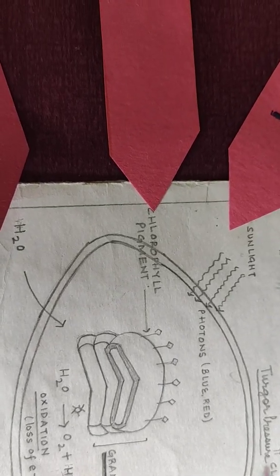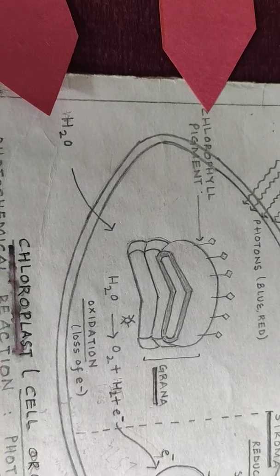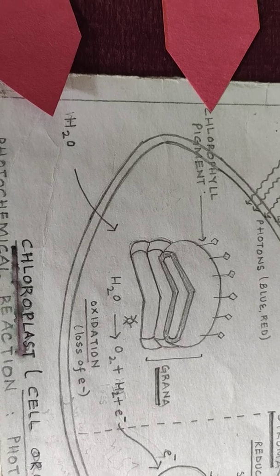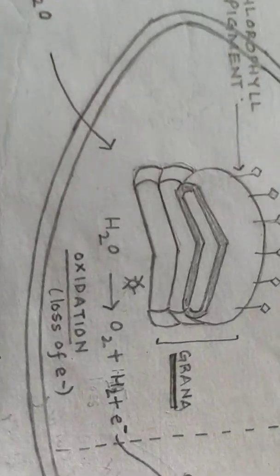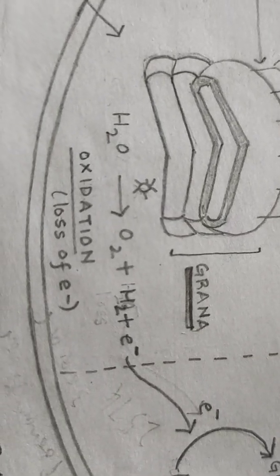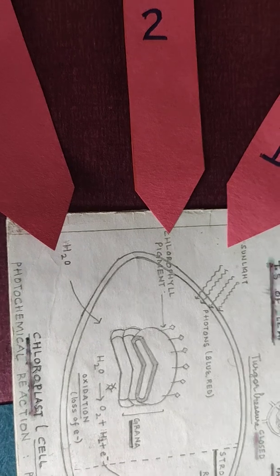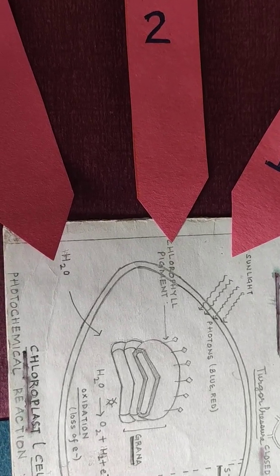The electrons given by the chlorophyll pigment to the water help in breaking of water, and we call it the photolysis of water. When water breaks down, it releases oxygen and electrons. So this part of the chloroplast shows the light reaction because it is dependent on the light.